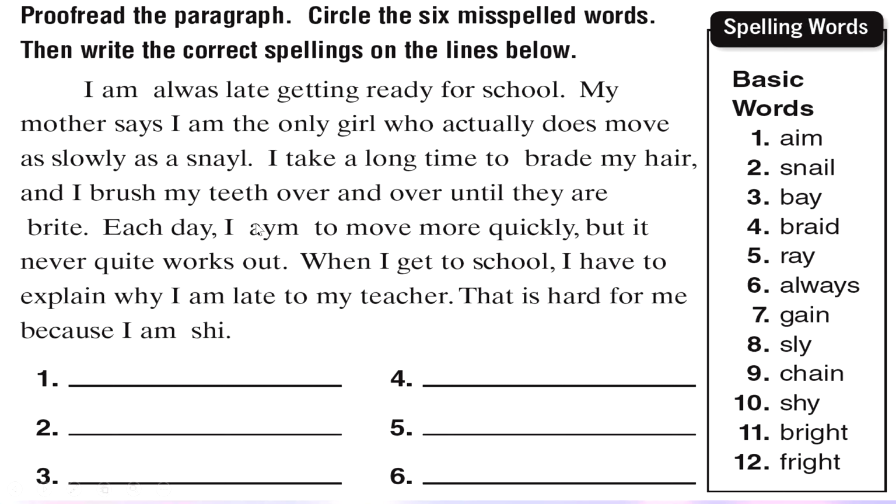Each day I aim to move more quickly, but it never quite works out. Circle the mistake, please. When I get to school, I have to explain why I'm late to my teacher. That is hard for me because I am shy.